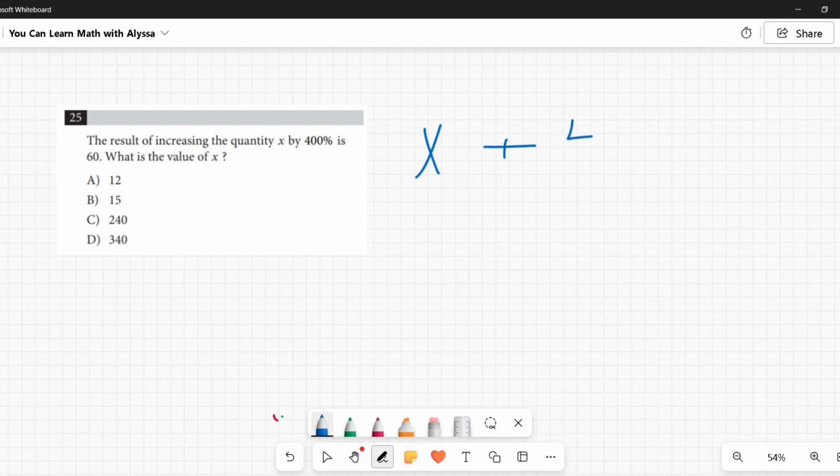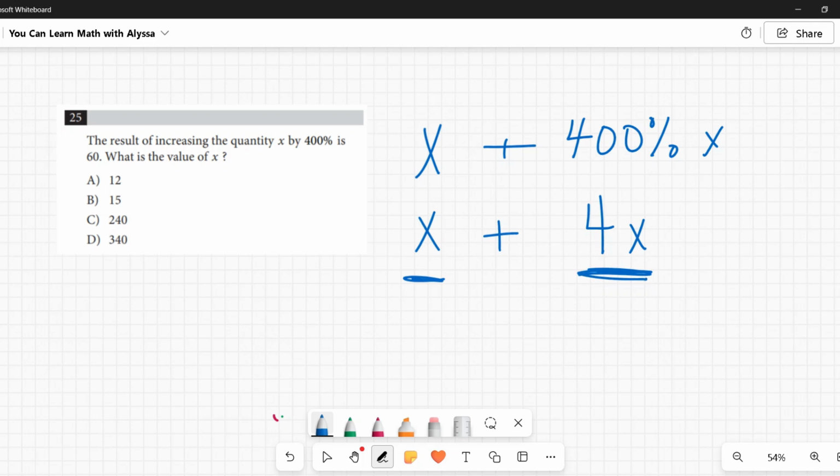So x plus 400% of x. What is 400%? We change that to a decimal. That is 4. So I took the original value, took 400% of x, and increased the original value by that. Altogether, that equaled 60.